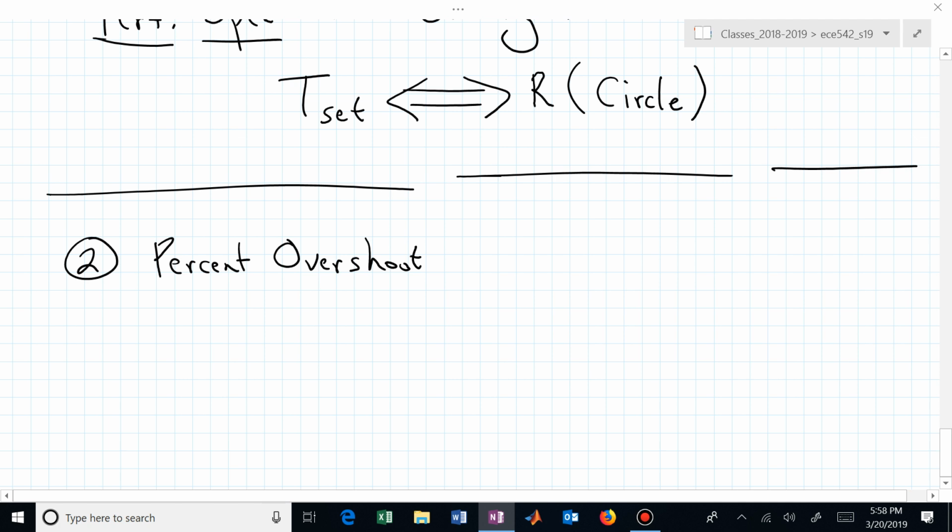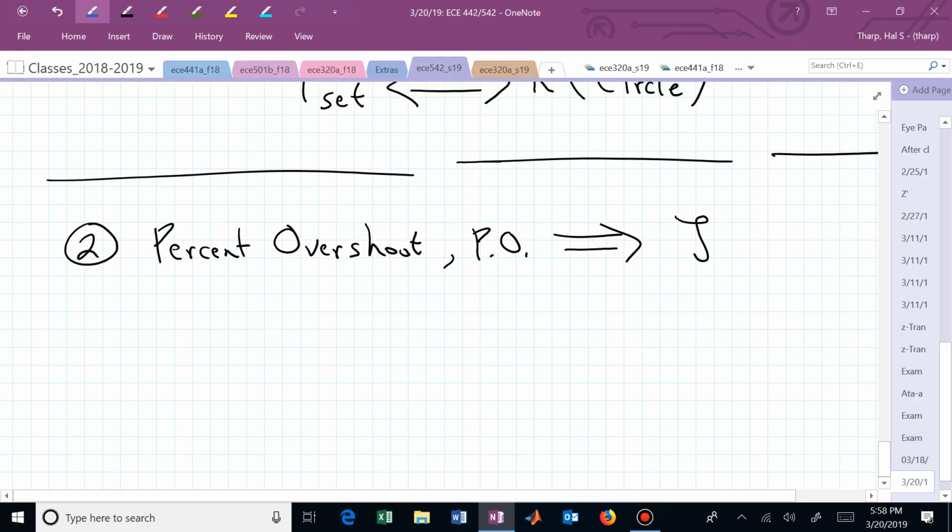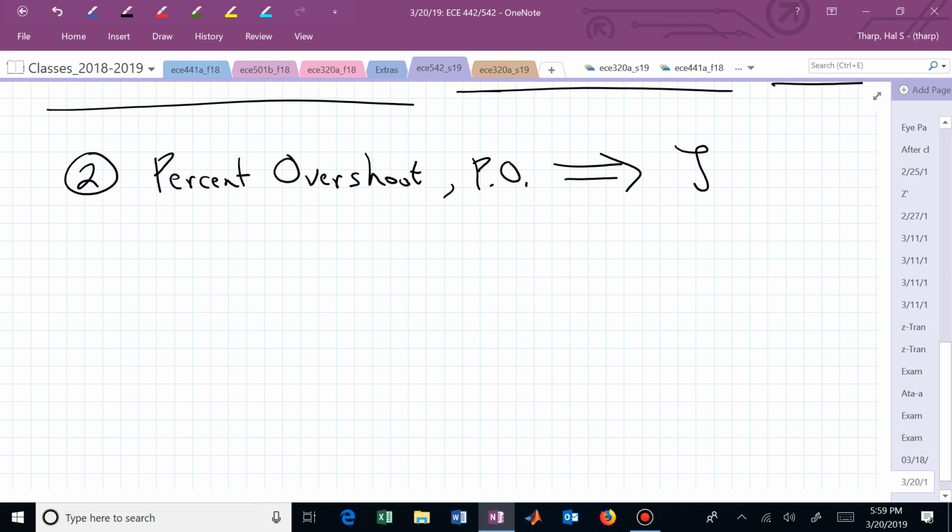Percent overshoot. And if we are dealing with percent overshoot, then we're talking about a damping ratio, zeta. And zeta lives between 0 and 1 when we have a percent overshoot. The formula for that relationship between percent overshoot and zeta, if I give you percent overshoot in percent, then you can calculate zeta.